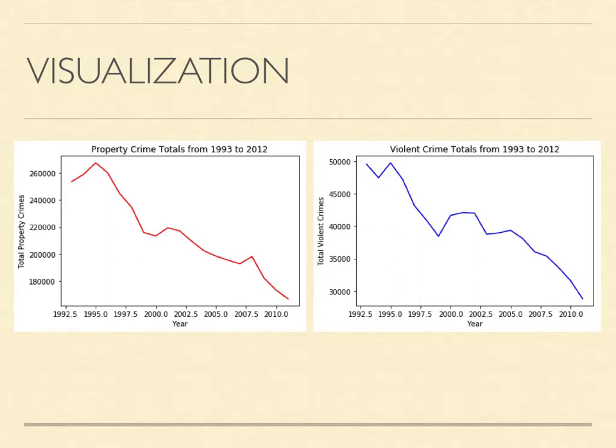And then in violent crimes, we can see that there's a drastic decline from about 1998, 1999 until 2000, where it increases again, and then it remains constant until 2002, and then it declines again in 2003, 2004, and then it slightly increases in 2005, and then just declines in 2010.